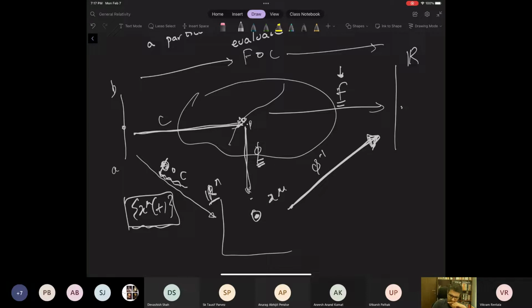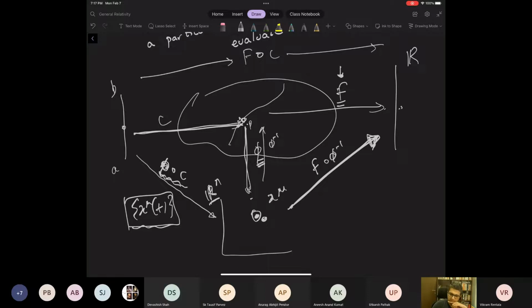Good. No, not really. Now you have to be careful because you're starting from here. What is the first operation you have to perform? First perform phi inverse. That'll take you back to the point P, and then f. Then f, and that will move you onto real numbers.